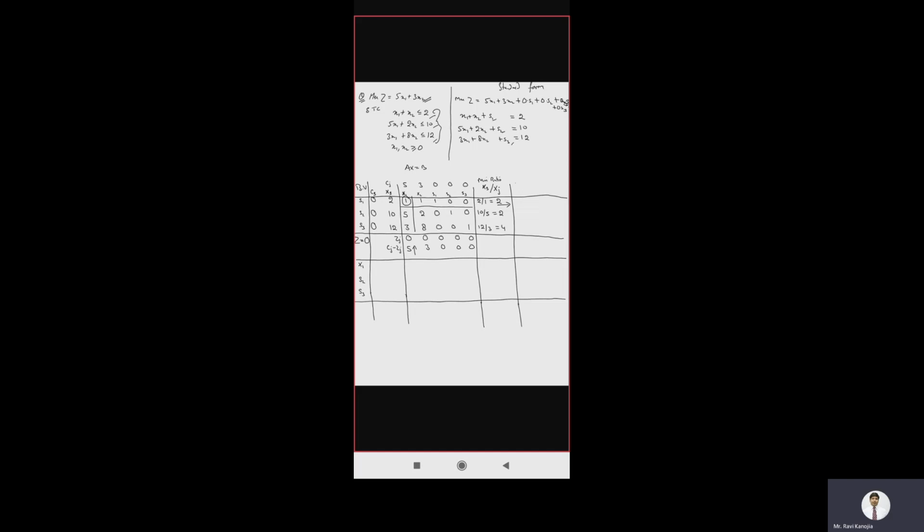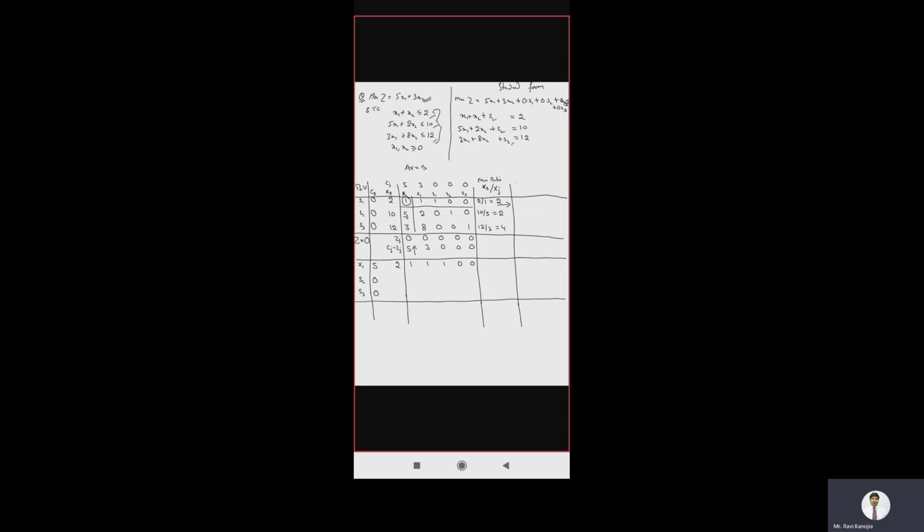The coefficient of x1 is 5. Because the key element is 1, we do not have to make any transformation in the row. So all the values will come down as they are: 2, 1, 1, 1, 0. Let's come to s2. This value is 5, so we have to reduce this 5 to 0.